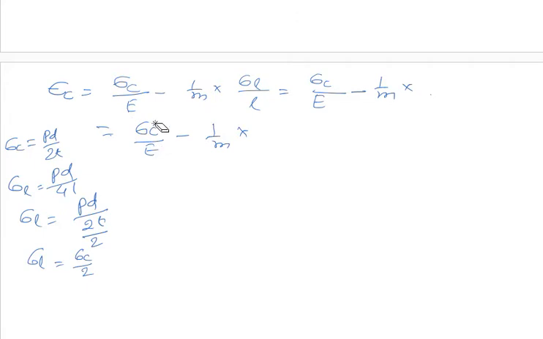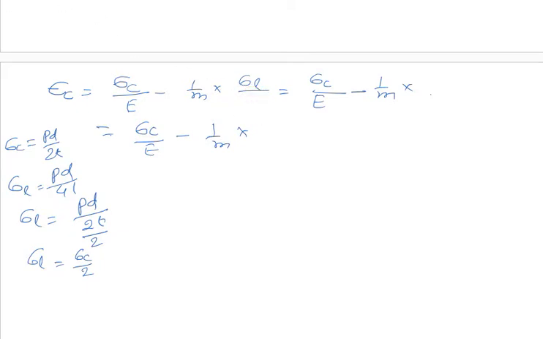This is the value of sigma c. So we can put the value of this one, sigma, that's why I have made the mistake over here.